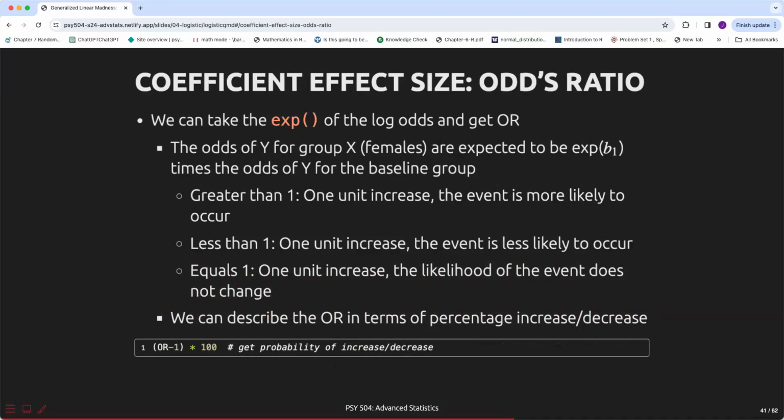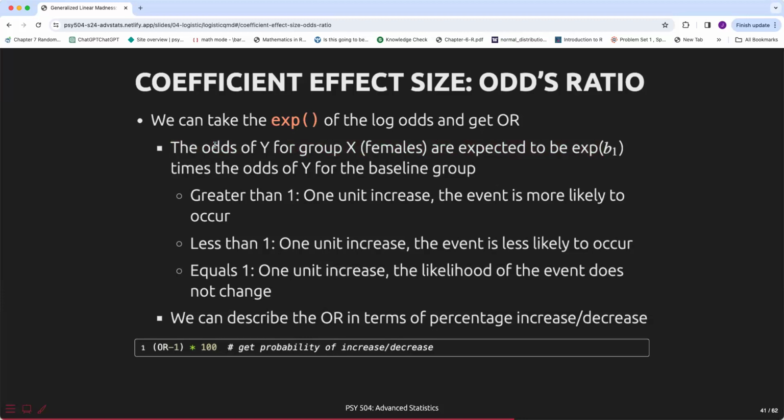With the odds ratio, we're taking the odds, the probability of wanting to lose weight divided by the probability of not wanting to lose weight for females, and dividing that by the same odds for males. This gives us a multiplicative kind of interpretation of the results.